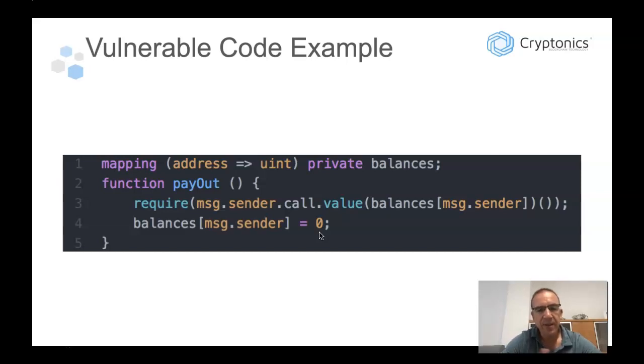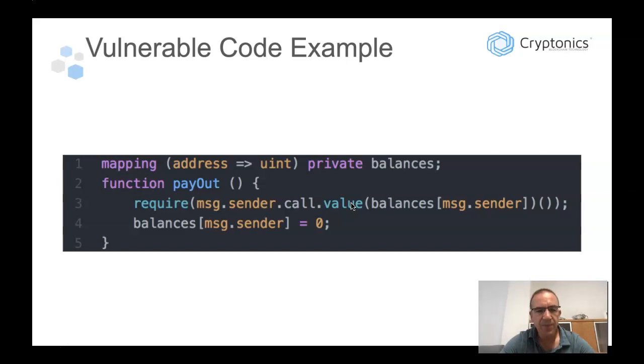And in this case, this call value invocation actually executes the fallback function of that smart contract, which can implement any piece of code. One thing a malicious actor might do in the fallback function, which is meant to deal with receiving ether, is to call payout again.